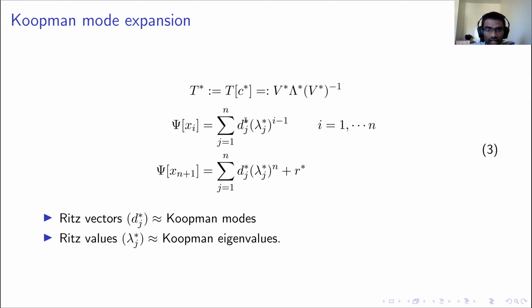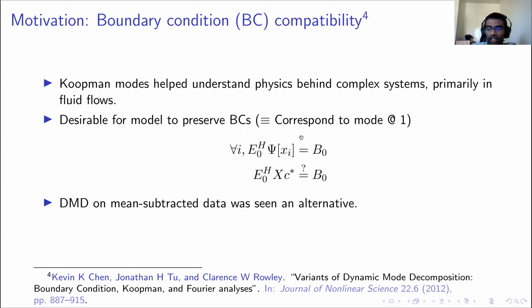So Tj star are the Ritz vectors, and they're also the approximations to the Koopman modes, while lambda j star are the Ritz values, and they are the approximation to the Koopman eigenvalues. Now, the utility of this expansion is that it helps you understand the physics behind complicated systems like fluid flows. And people eventually wanted to make reduced order models with this decomposition.